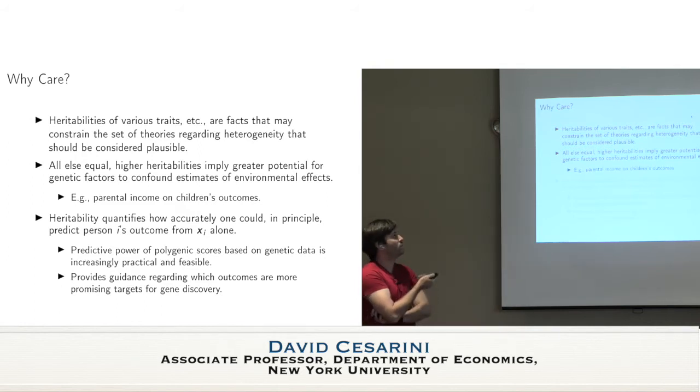A common one is parental income on children's outcomes. Towards the end of the lecture series, I'll give an example that illustrates how you can answer the question of whether parental income is causally related to children's outcomes a little bit more credibly by using adoption data. The idea there is that at least you've eliminated one source of correlation between parental income and children's outcomes.